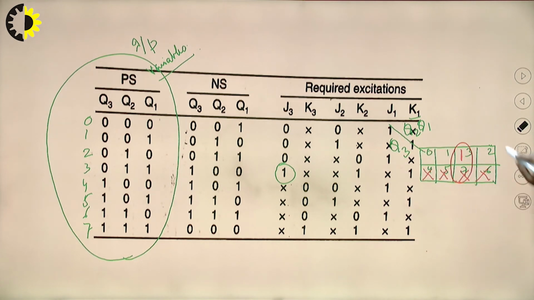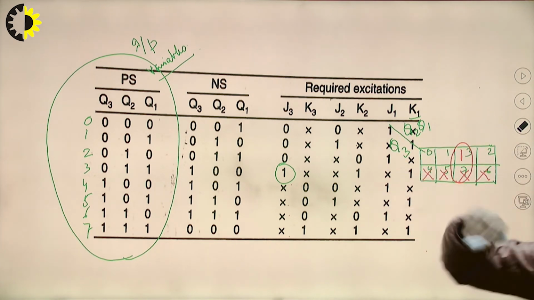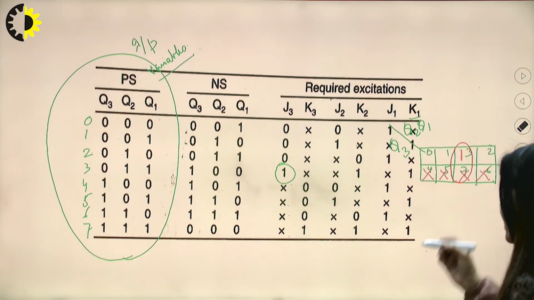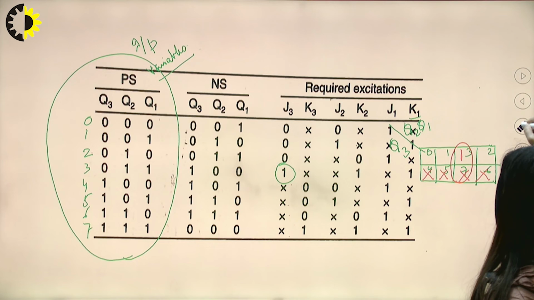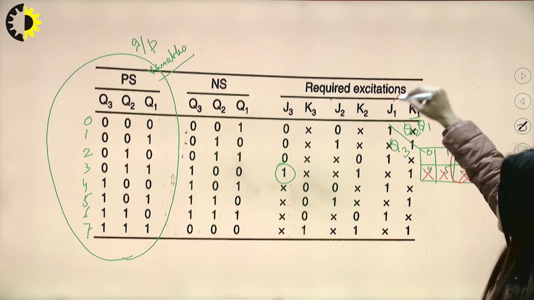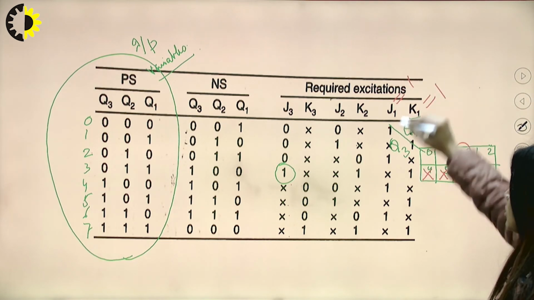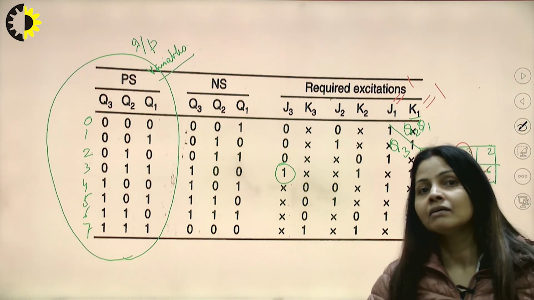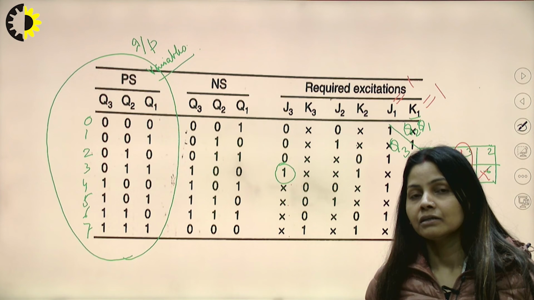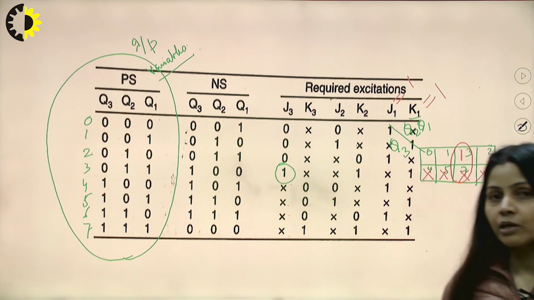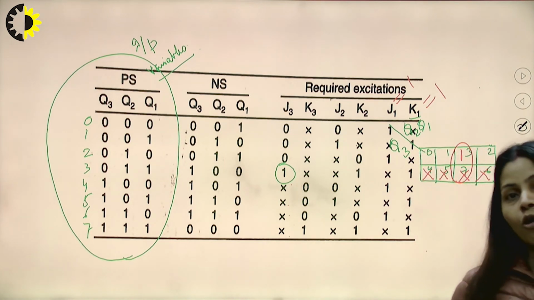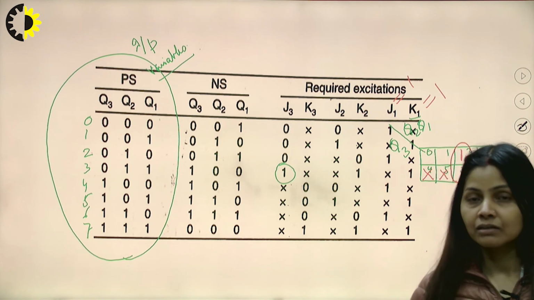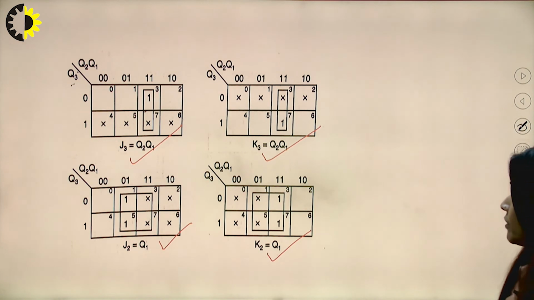That means whatever K map you make will cover all the input variables, and hence J1 is 1, K1 is 1, because all the entries are here. You will simply make an octet. For an octet in 3 variables, it is always 1 if all the cells are occupied by cross or 1. So here J1, K1 is 1.